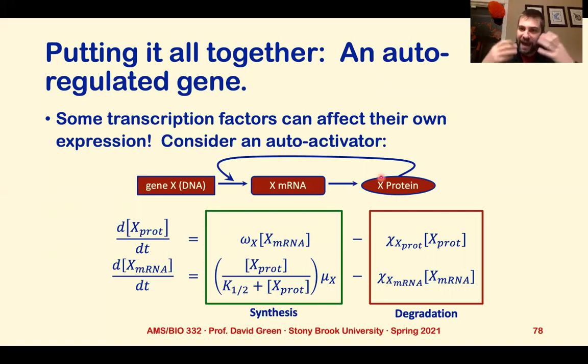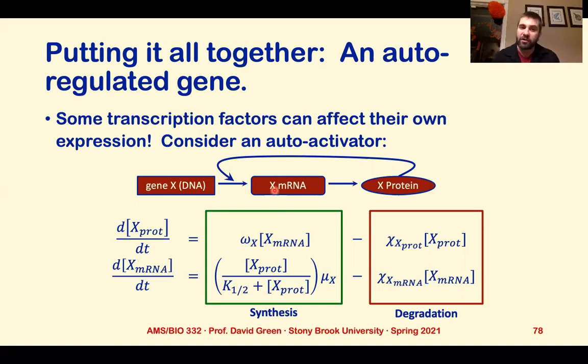They activate their own transcription. That is, gene X produces X RNA, X mRNA produces X protein, and this protein can go back and affect the transcription, can make it easier for the mRNA to be produced.